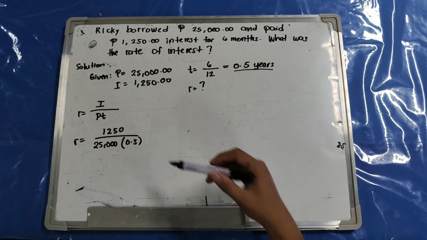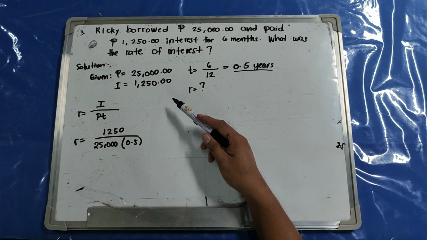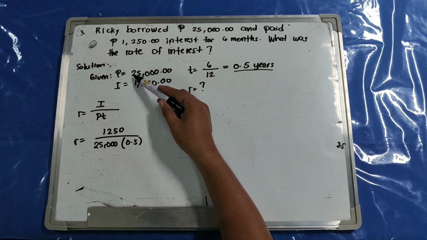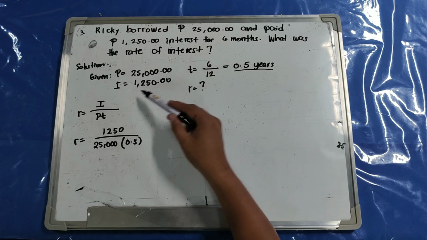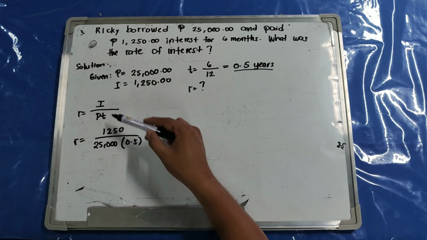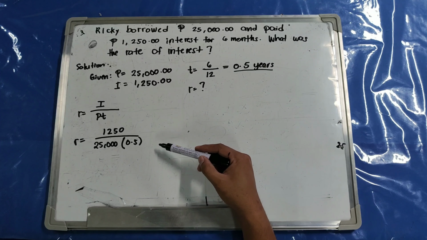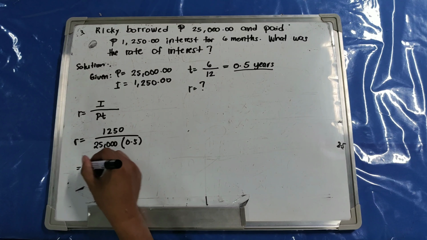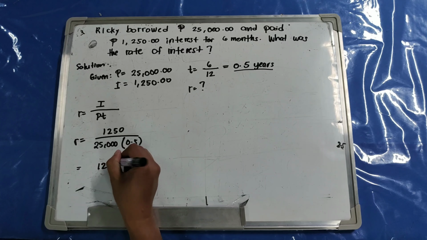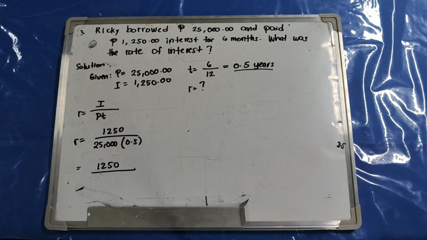What we did here in this part is we simply substituted the given to the formula. Our principal is 25,000, our interest is 1,250, and our time is 0.5. So, let's start. 1,250 over 25,000 times 0.5.